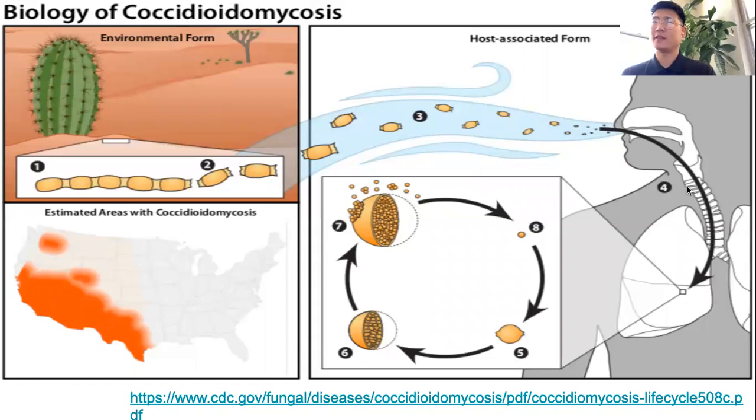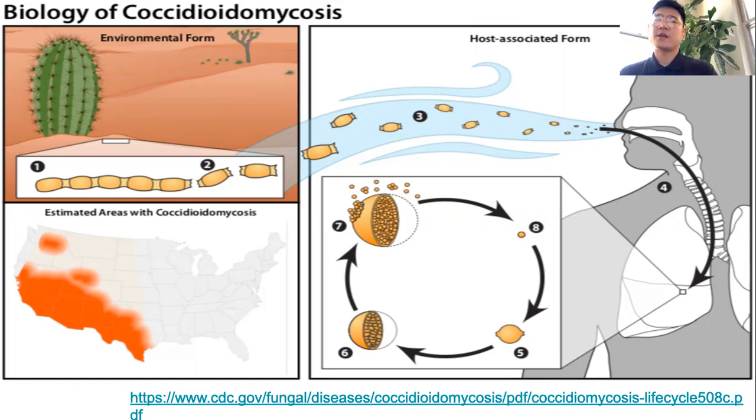So I'm going to begin the presentation by talking about the biology of valley fever. Valley fever is caused by fungus, and it is found in the southwestern portion of the United States. In the slide here, it's depicted on the bottom left in the areas shaded red.